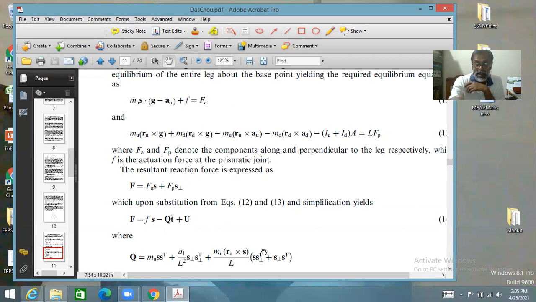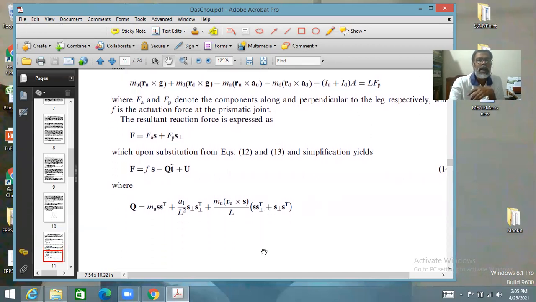I mean, that insertion and manipulation will give you this. And U is the bunch of centripetal, Coriolis, and gravity terms. Okay? If friction terms are included, then that also would come there.